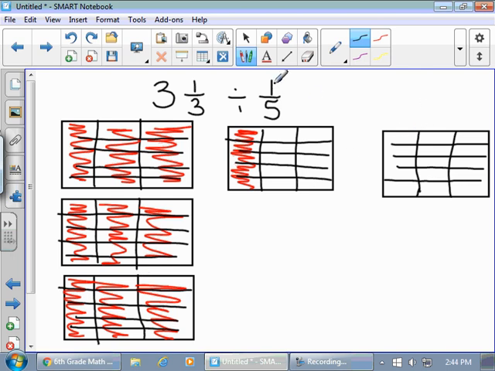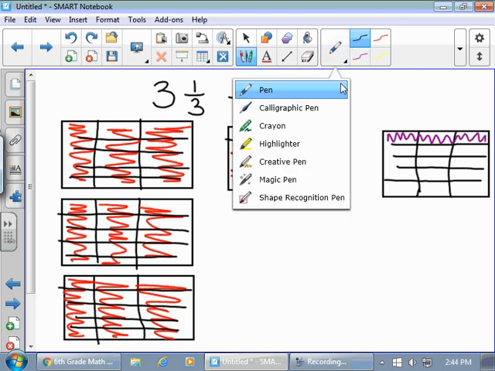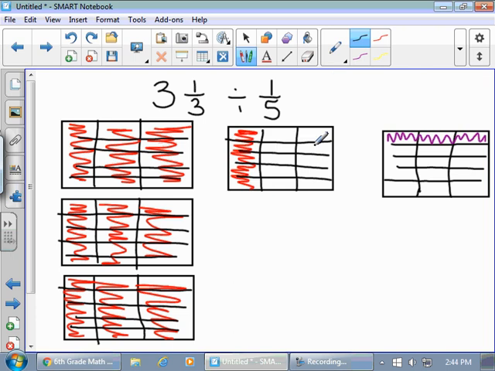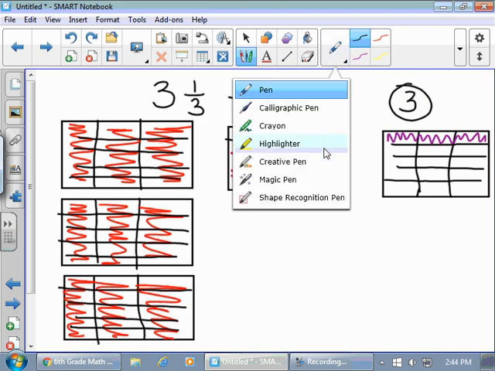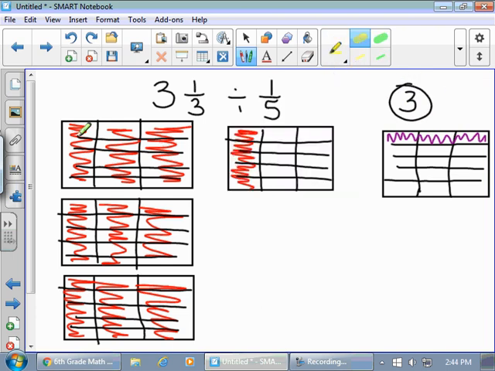And I'm going to color 1 row. So that tells me I have 3 per group, right? Now, let's color 3 of those. That's 1 group, right?